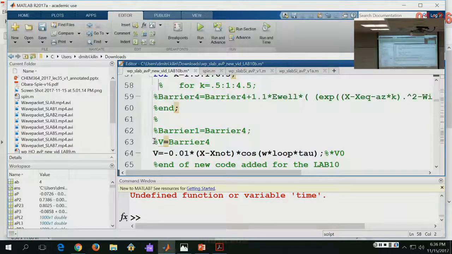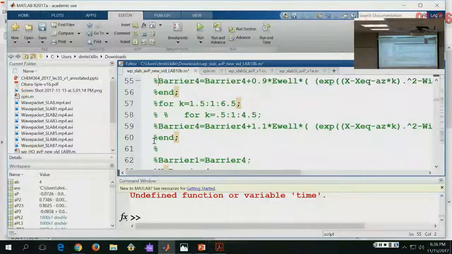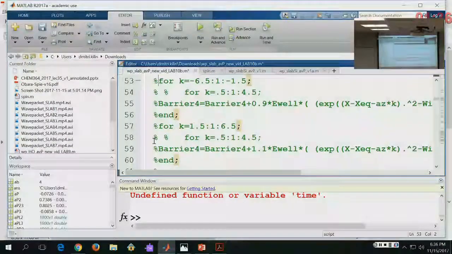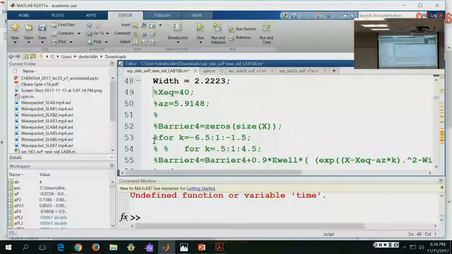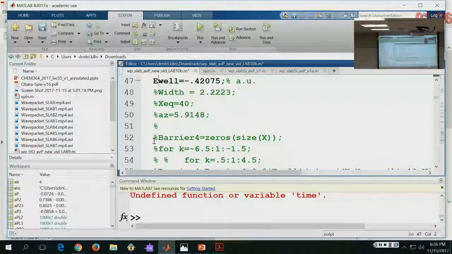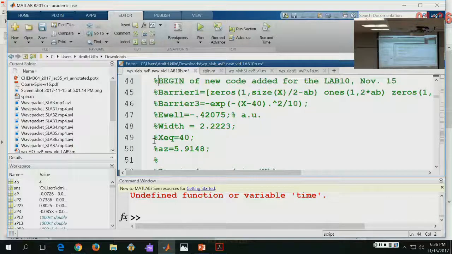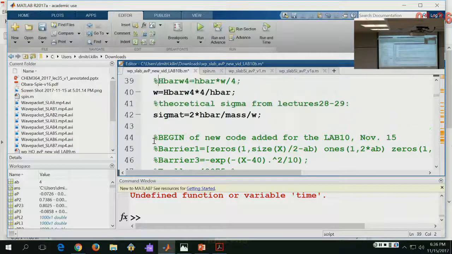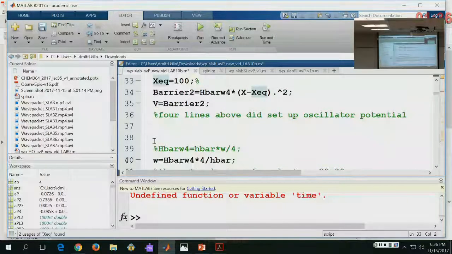I'm going to comment out everything that was added today and return to the V equals barrier 2.